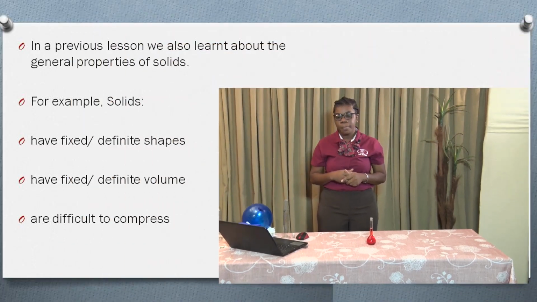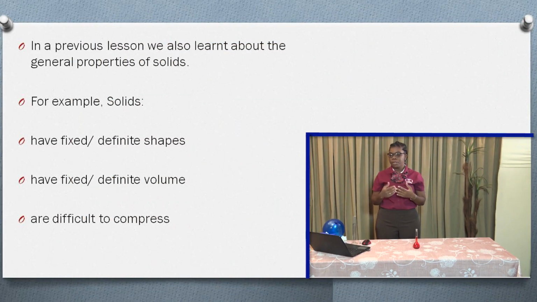What are some examples of physical properties of solids that we did in the last lesson? Now, remember, solids are hard, they have fixed shape, they have fixed volume, and they also have a definite shape.